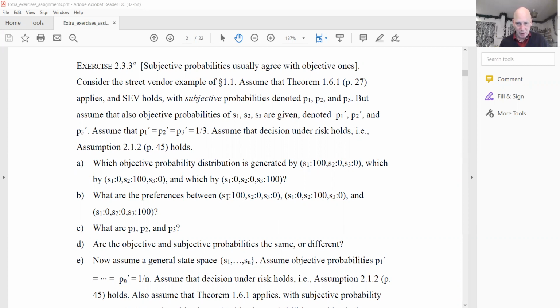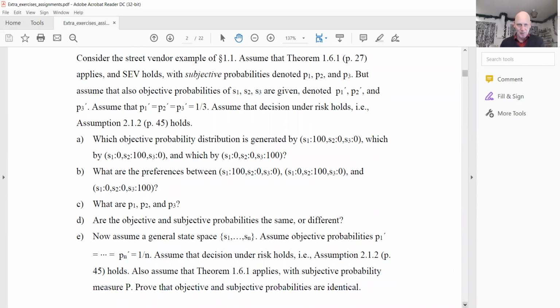The subjective expected value of the first is P1 times 100, of the second P2 times 100, of the third P3 times 100. Note that now I'm using the subjective probabilities. P1 times 100 equals P2 times 100 equals P3 times 100, which means P1 = P2 = P3. They must add to 1, so they must all be 1/3. So part D, are they the same or different? Well, they are the same.